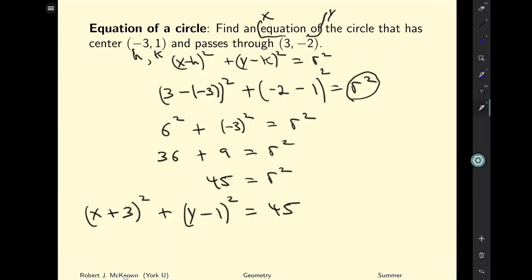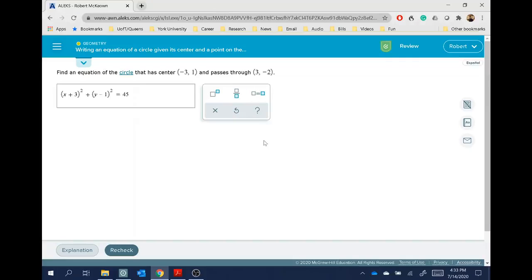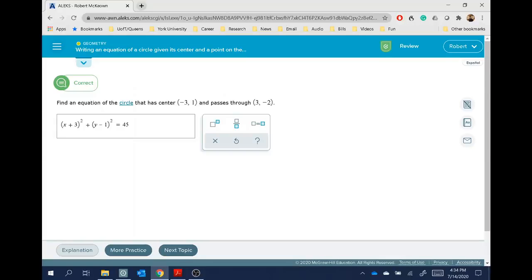I didn't even have to take the square root to find the radius, because actually the question's not really asking us that. Now let's go take a look at ALEK's and see if we've got the right answer. I went ahead and input our answer into ALEK, so you can see it right there. Now I'm going to click the check button and let's see if we've got the right answer. And we do.